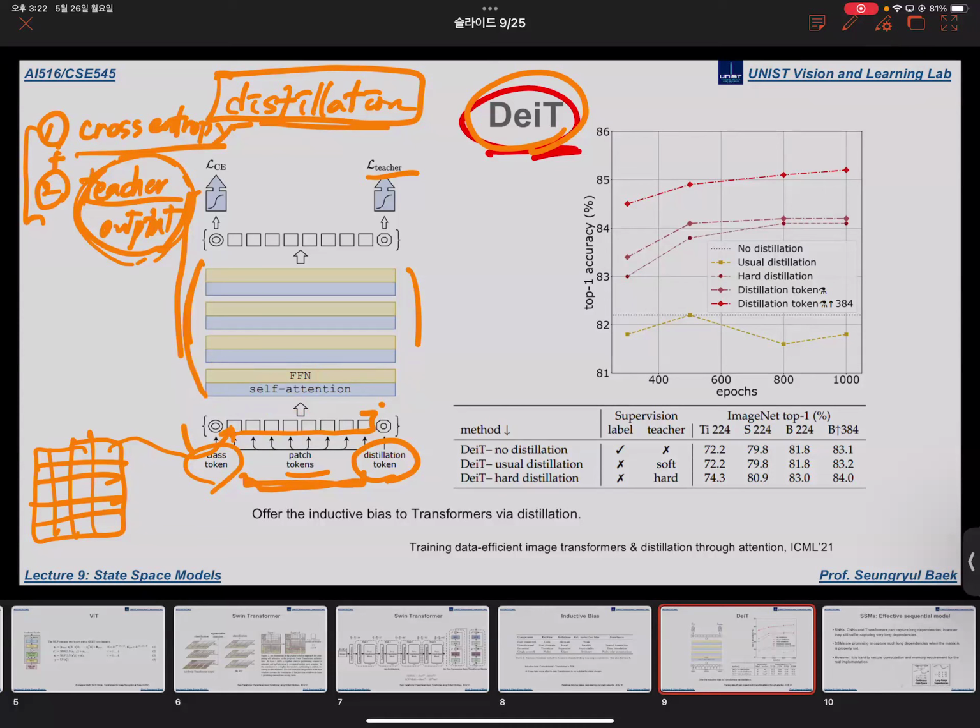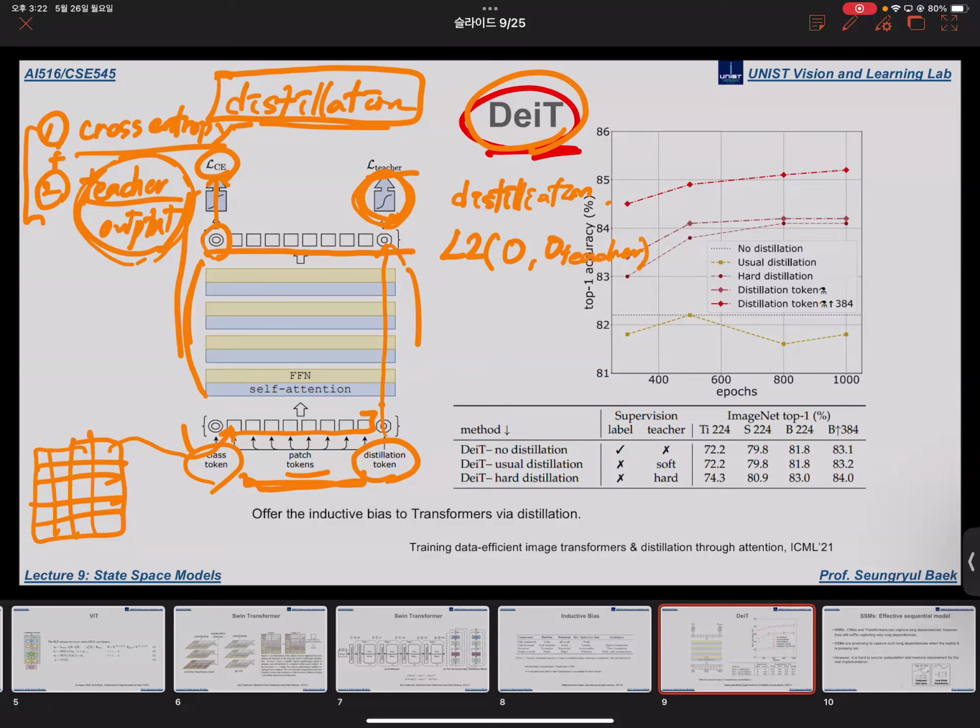Then we estimate some output. For the updated value of the class token, we apply the cross entropy loss, same as ViT. But for the updated token from the distillation token, we apply the distillation loss. The distillation loss is simple, actually: an L2 loss between our output and the teacher's output.